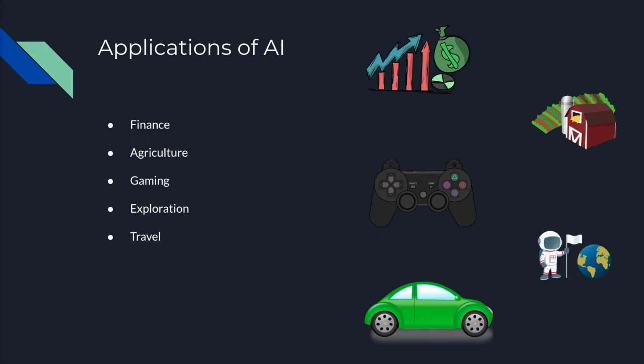So then we have gaming. This is probably my favorite application of AI. Everyone's probably heard of AlphaGo, and for those who haven't, it's a software trained in the game Go, which can simply be described as a complicated version of chess.